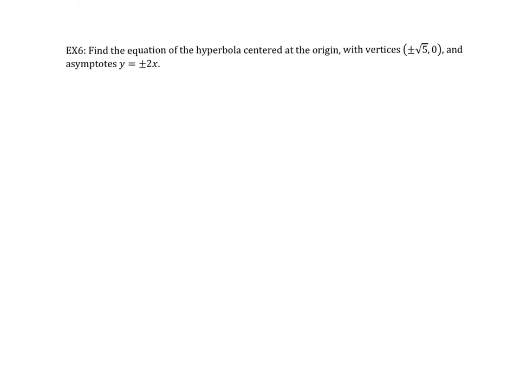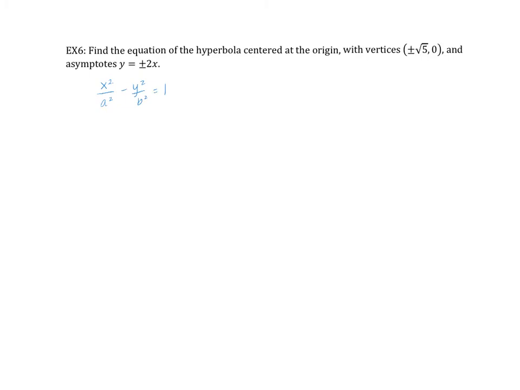In the next example, we're given some information, but this time we're supposed to find the equation of the hyperbola. Okay, centered at the origin. The vertices are, in this case, x values. So I know my vertices will be on the x-axis, which means it's going to take the form x squared over a squared minus y squared over b squared equal to 1.